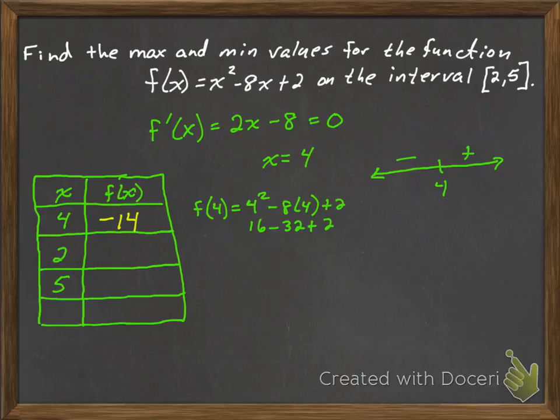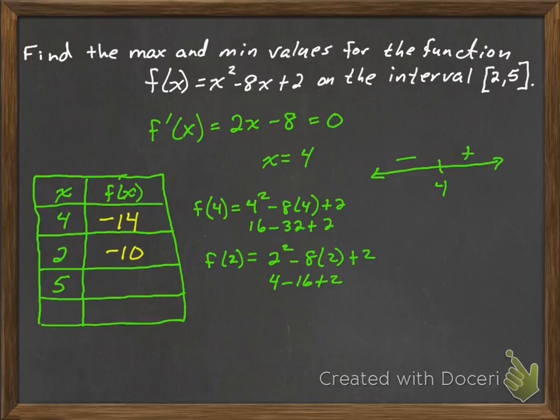All right, so now we evaluate f of 2. That will be 2 squared minus 8 times 2 plus 2. So that's 4 minus 16 plus 2, which is negative 10.